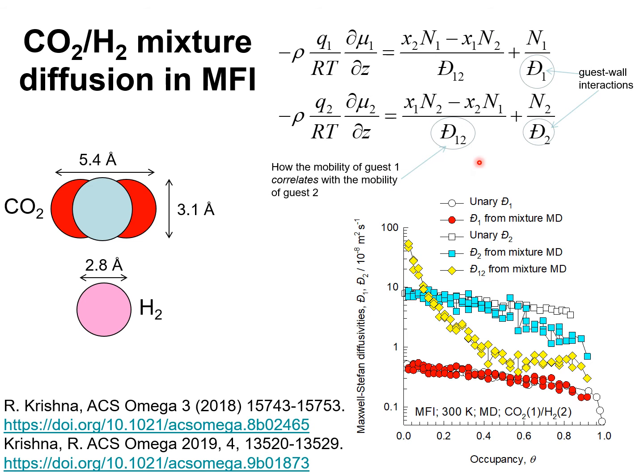For quantification of the slowing down effects in mixture diffusion, we need data on the diffusivities D1, D2, and D12.